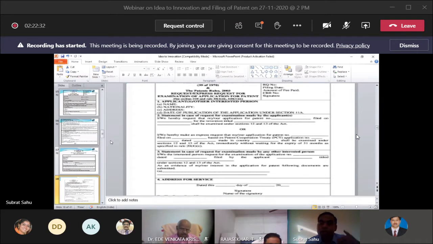If you are going for expedited examination, you have to file form 18A. If you file form 18A, within a month your patent application gets examined. After examination, you get an FER.